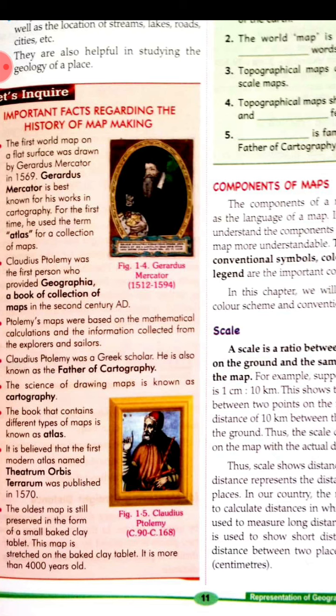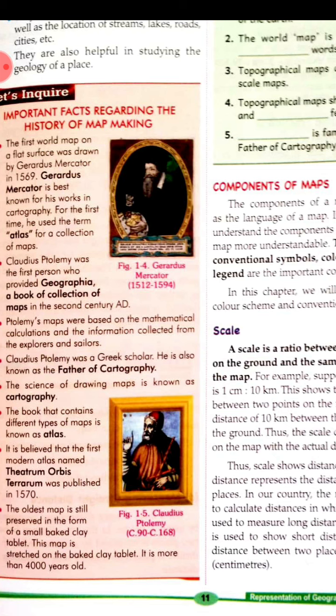Then Ptolemy was the first person who provided Geographia, a book which is a collection of maps, also called an atlas. Ptolemy's maps were based on mathematical calculation and information collected from the explorers and sailors.